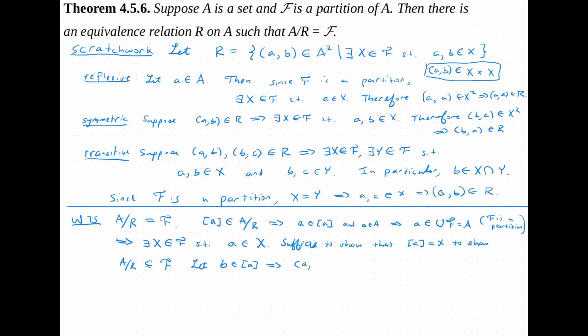And so we have (a, b) is going to be in R. But now if (a, b) is in R, this is telling us by definition that there must be some other set in the family of sets, let's go ahead and call it Y, such that a and b are both in that set Y. So now there exists some set Y in the family of sets, such that a and b are both in capital Y.